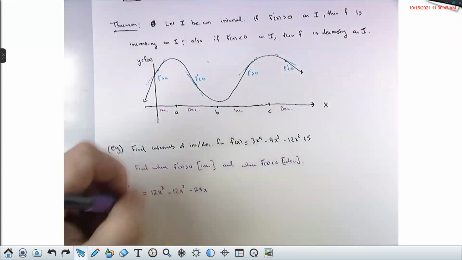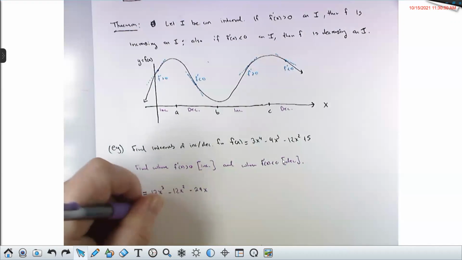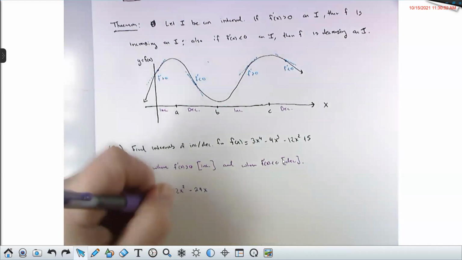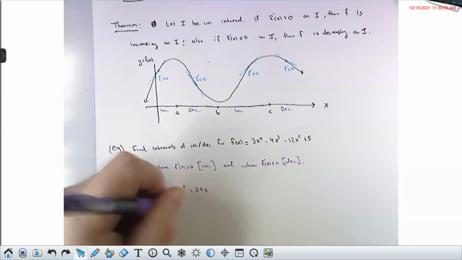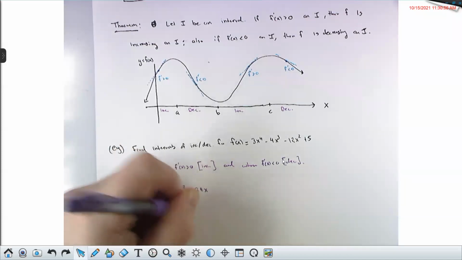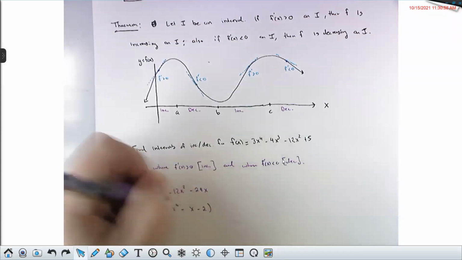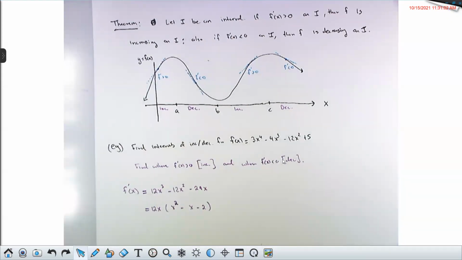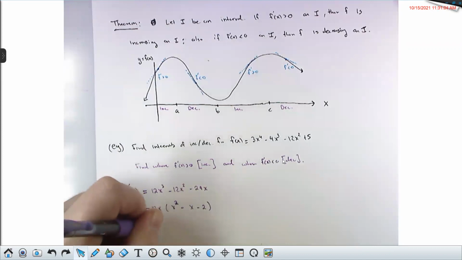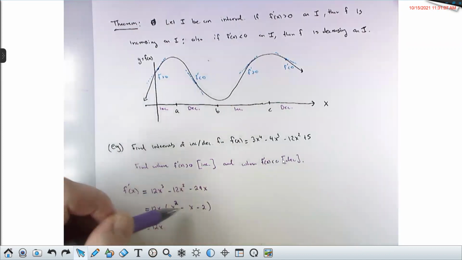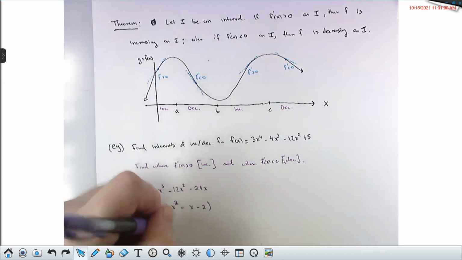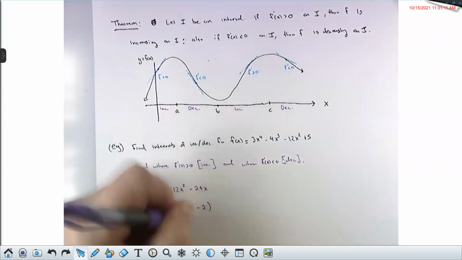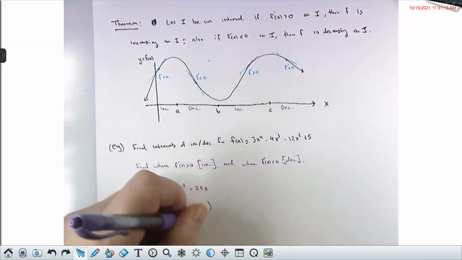I can factor a 12x out, and what's left is x squared minus x minus 2. X squared minus x minus 2 can be factored as x minus 2 times x plus 1.